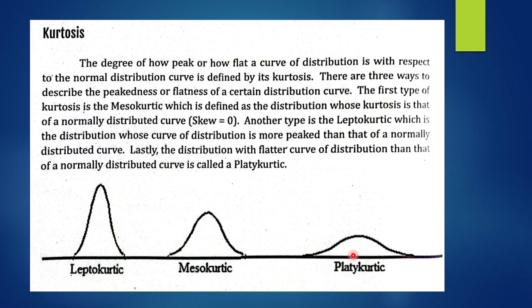So meaning, if normally distributed, it is mesokurtic; if more peaked compared to mesokurtic, then it is leptokurtic; and if it is flatter than mesokurtic, then that is platykurtic. So those are the three types of kurtosis.